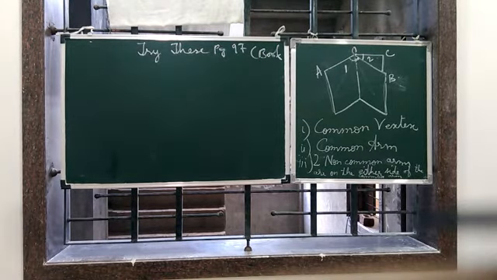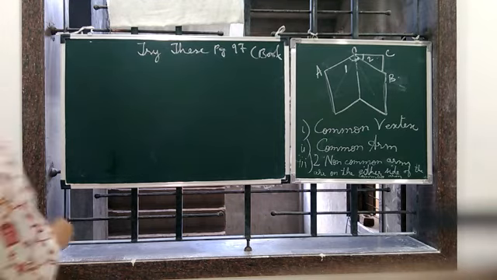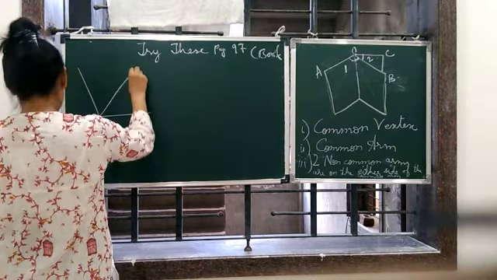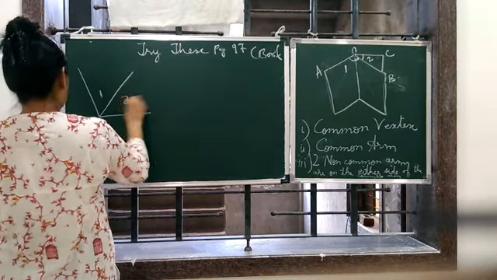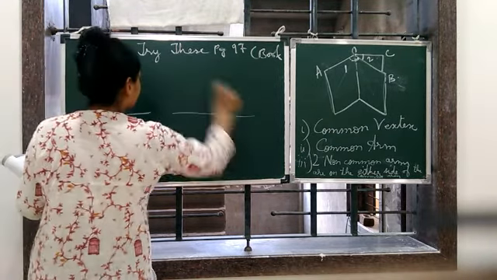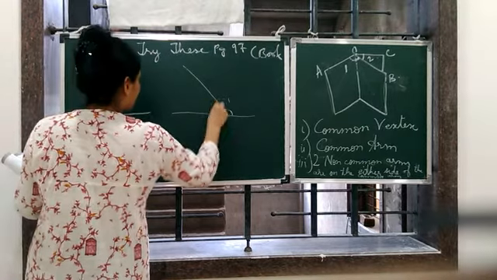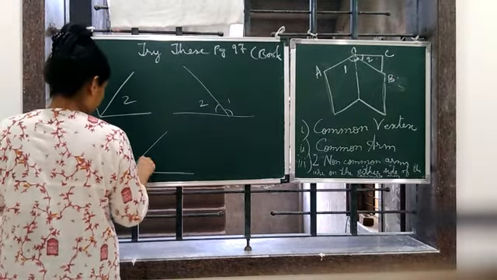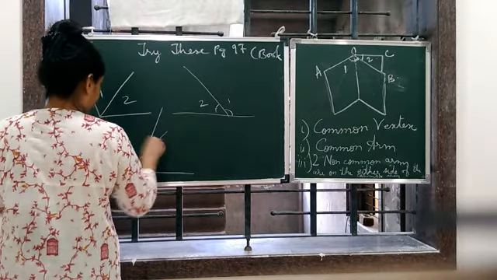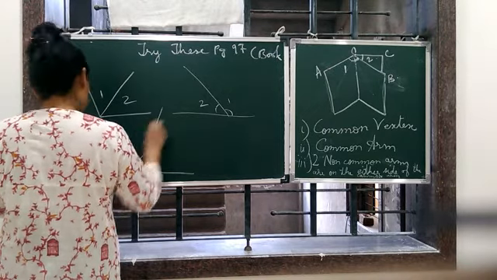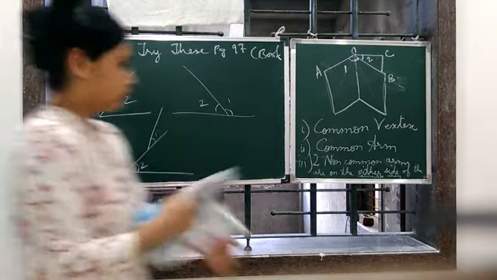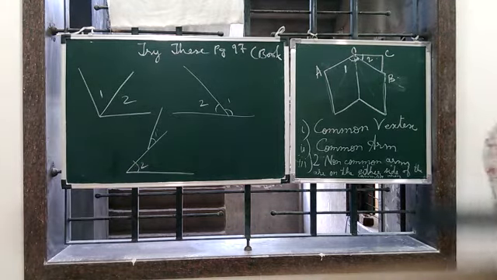So we have to find out whether the angles marked are adjacent or not. So the first one is this. Second one is this. Third one is this.